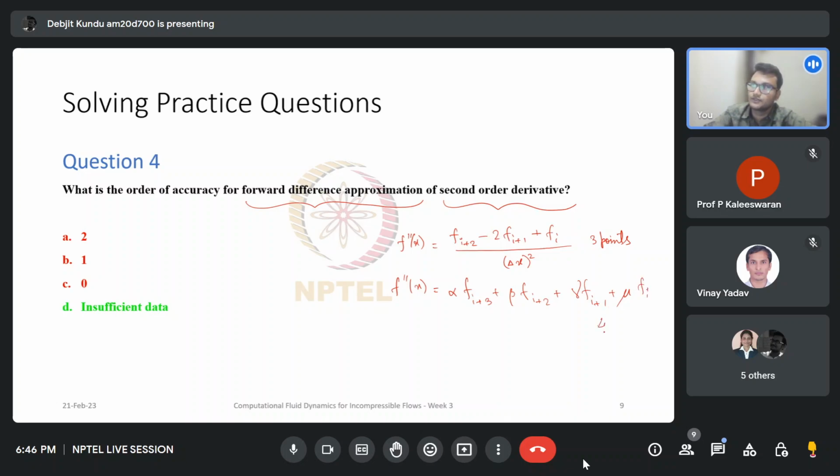So here I am using 4 points. This one would have an order of accuracy delta x squared. So 2 and option A would have been correct. But if I had used more points, then it could potentially have a higher order of accuracy.